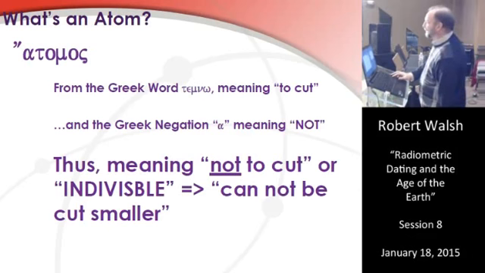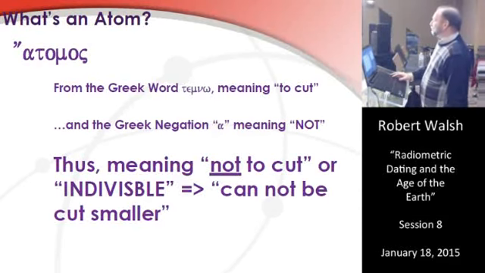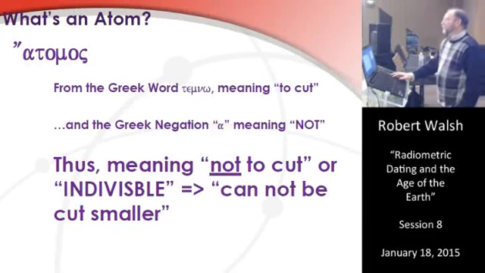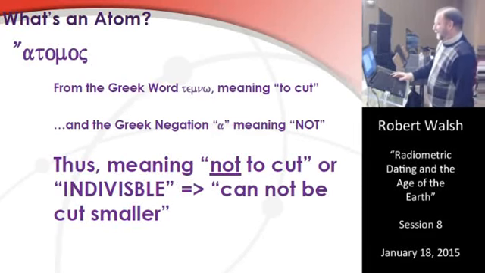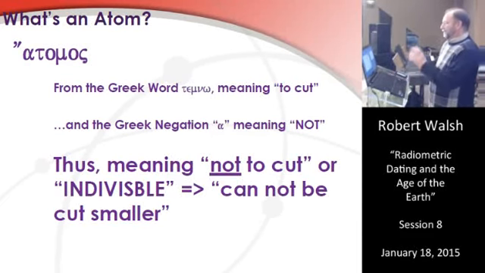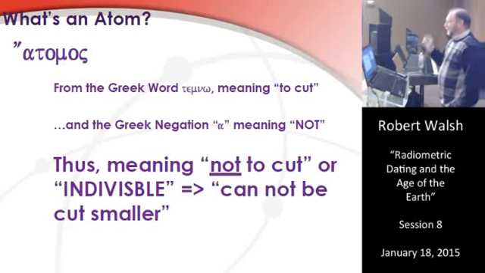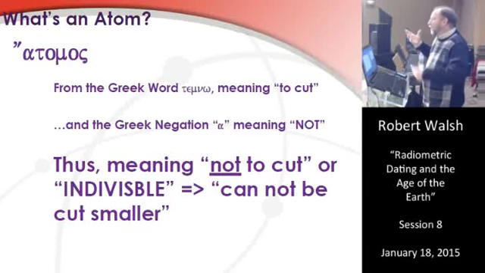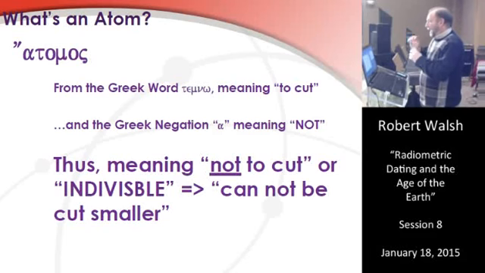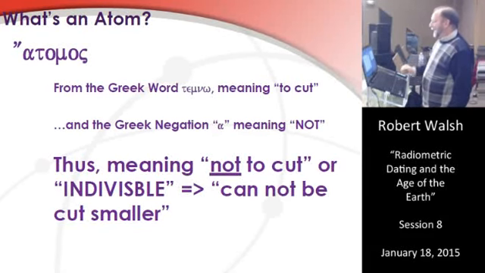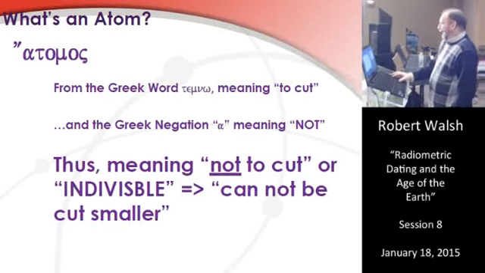And one of the things that we have to figure out is what in the world is an atom. An atom comes from the Greek word atomos, and it literally is a compound word from temno, which means to cut, and then the Greek negation is the Greek letter alpha, or our modern English letter A. So atemno, or atomos is the Latin form.